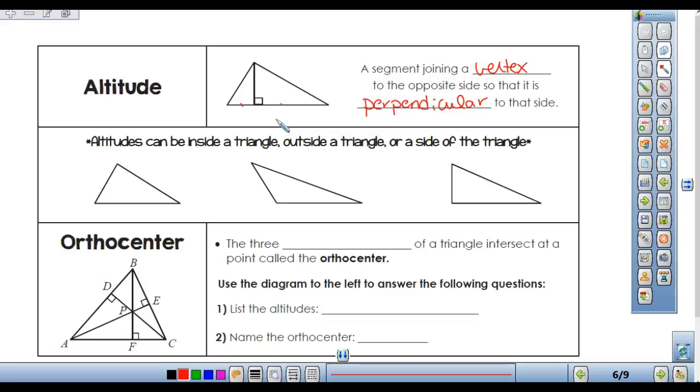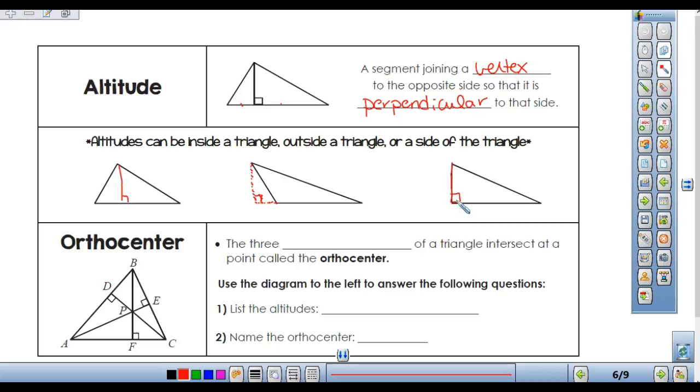Okay, and there can be different types of altitudes. This altitude is going to come down and be on the inside of the triangle. I might have an altitude that's on the outside of the triangle. And sometimes the altitude is an actual side of the triangle.